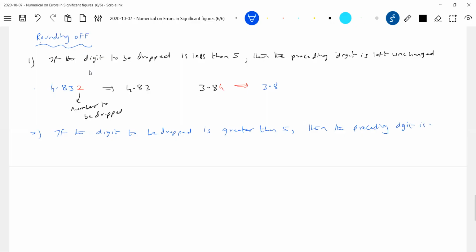The preceding digit is raised by 1. Okay, 6.487, I'll write.